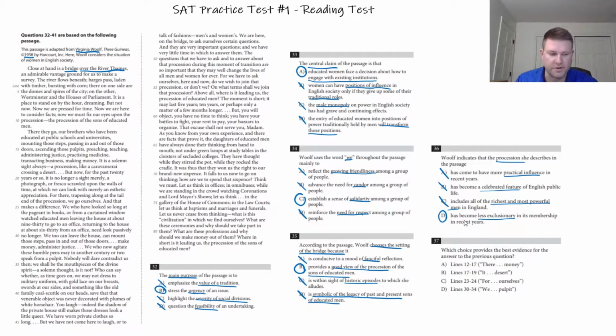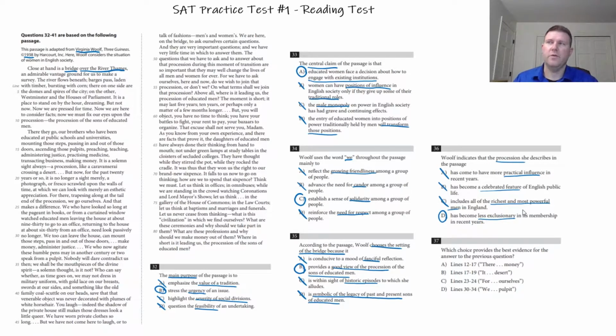Like, we're certain it's D, right? And then find the lines that most explicitly and directly prove the answer to the previous question, okay? So it can't go a layer deeper. One of these does, as we'll talk about in a second. And it has to be exactly on topic. It has to be proving that the procession became less exclusionary, okay? So we'll focus on that as we go through.